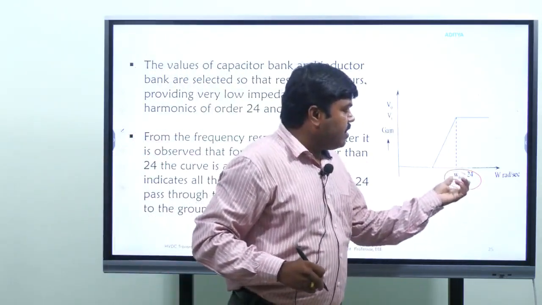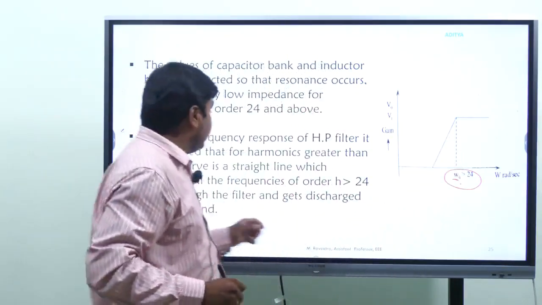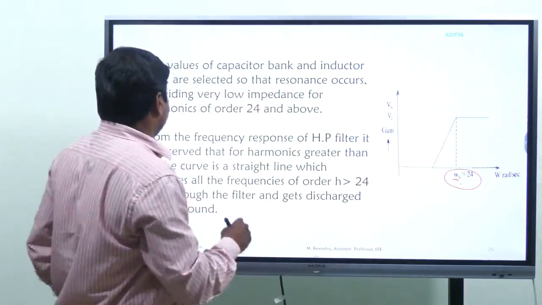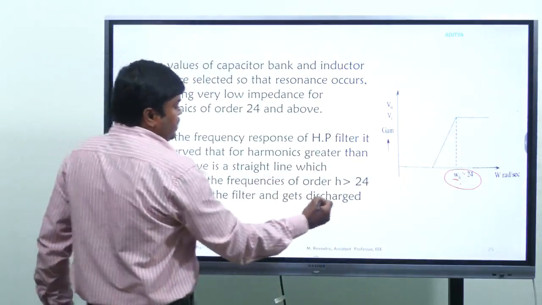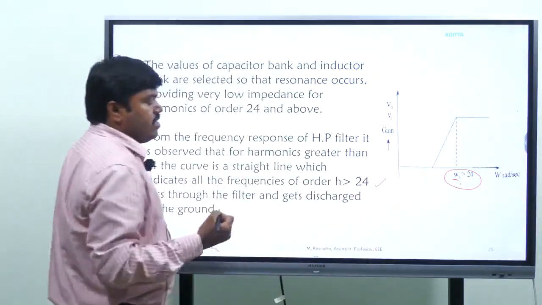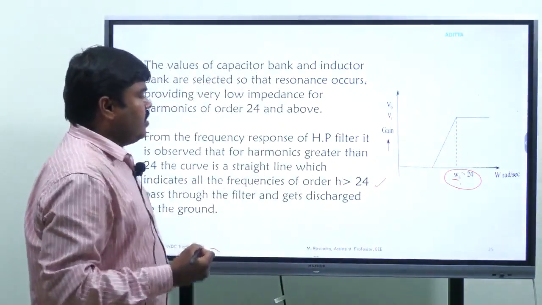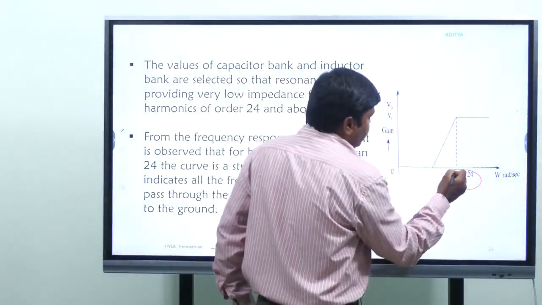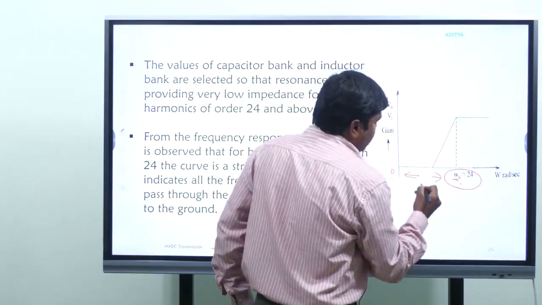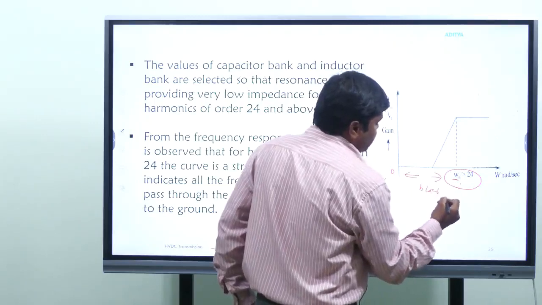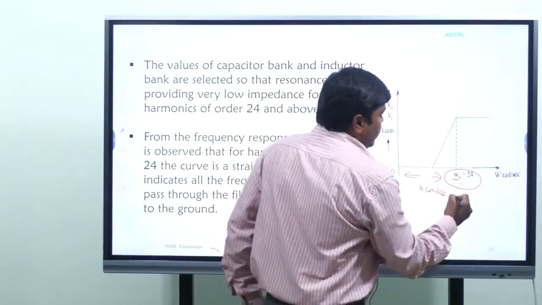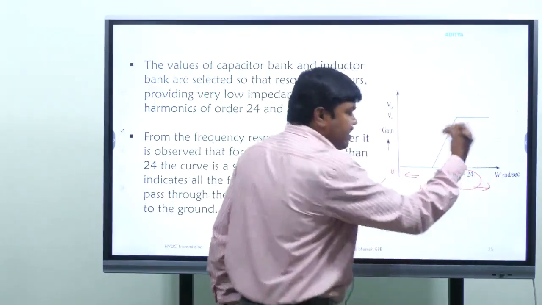These are nothing but high pass filter characteristics. The frequencies between 0 and 24 will be blocked, and it allows those greater than 24 to pass through.